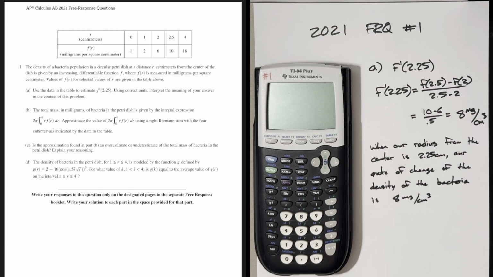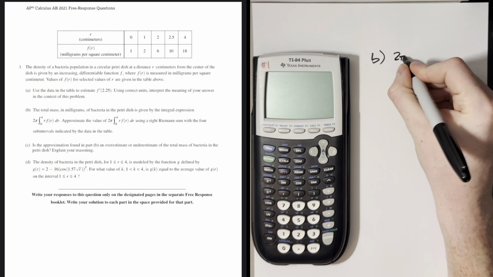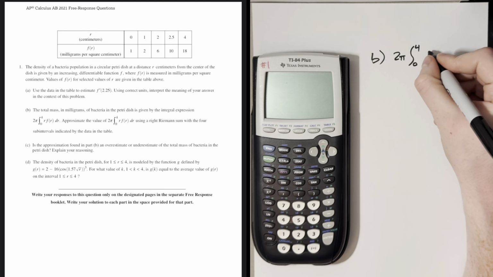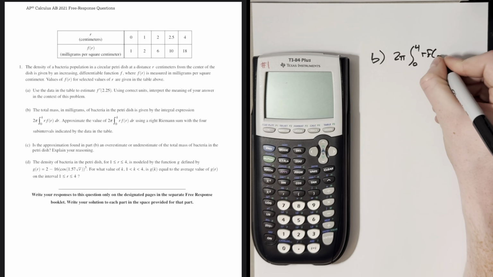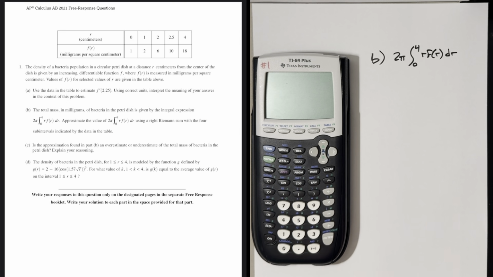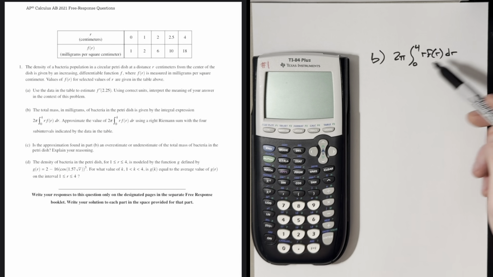So part B says the total mass in milligrams of bacteria in the petri dish is given by the integral expression 2 pi times the integral from 0 to 4 of r times f of r dr. So that's our radius times our density. We're integrating that over our radius and then multiplying by 2 pi.